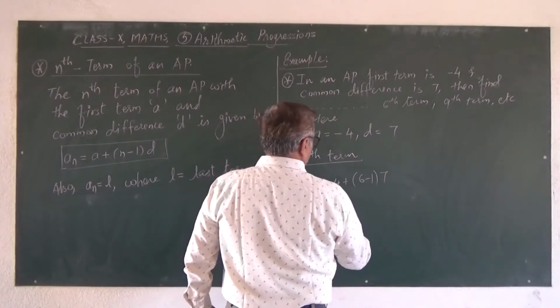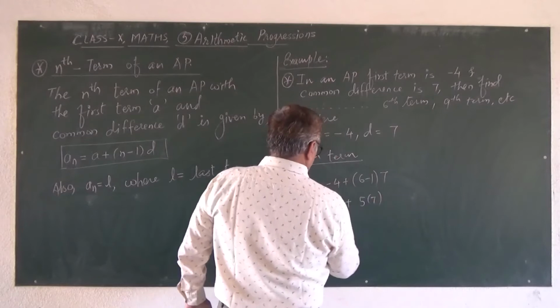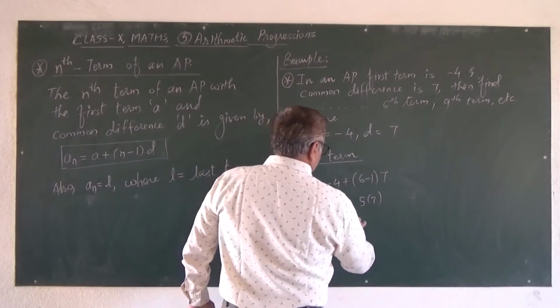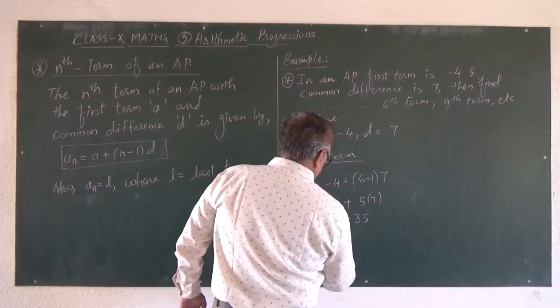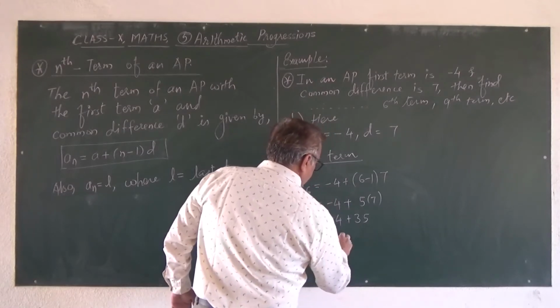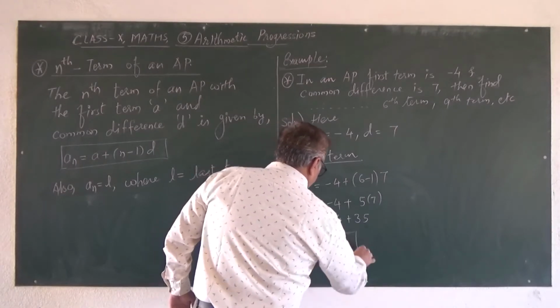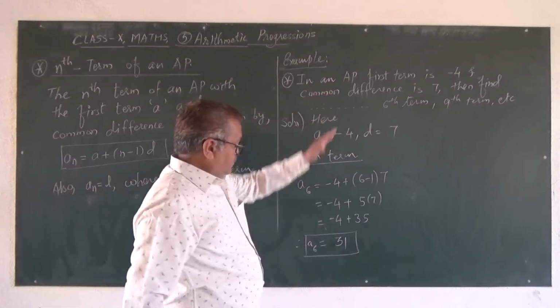So minus 4 plus 5 into 7, which is minus 4 plus 35, that is 31. So the 6th term of this AP will be 31.